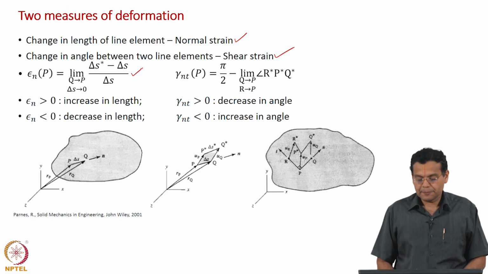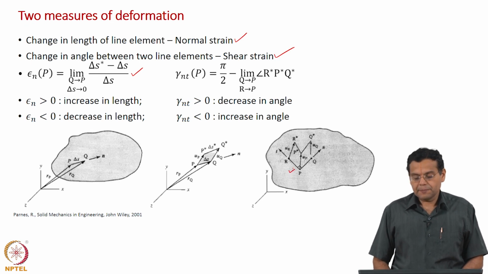gives a normal strain. For the case of shear strain, we take two perpendicular line elements and then look at the change in angle between the initial state, which is pi by 2 radians, and the final state. Of course, this also we consider at a point with two very small line segments which are perpendicular to each other.